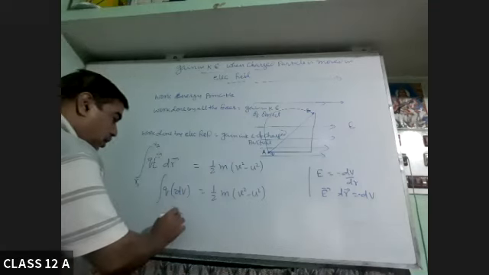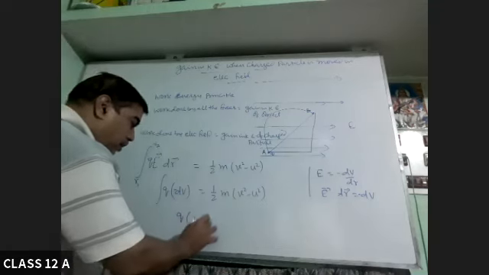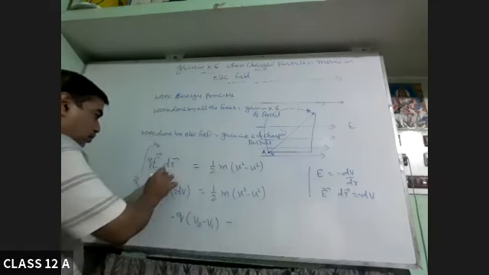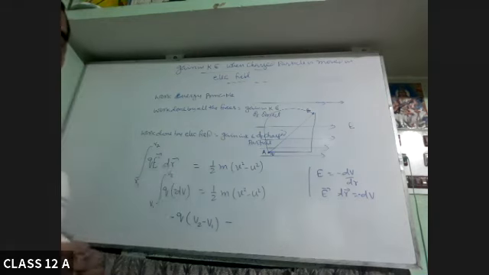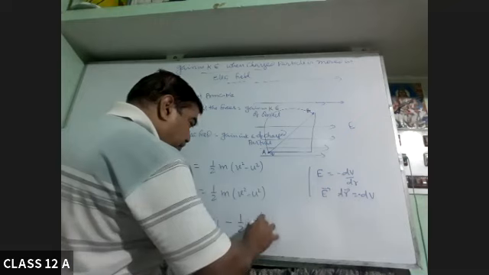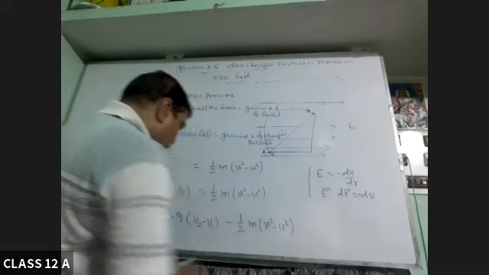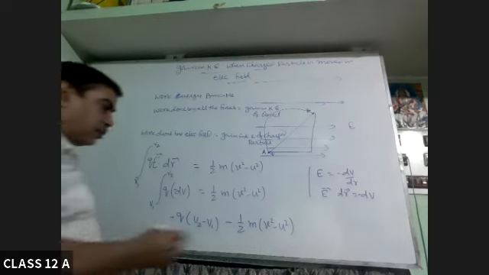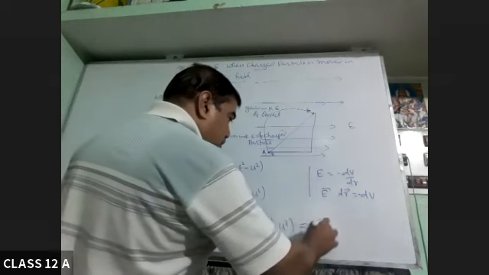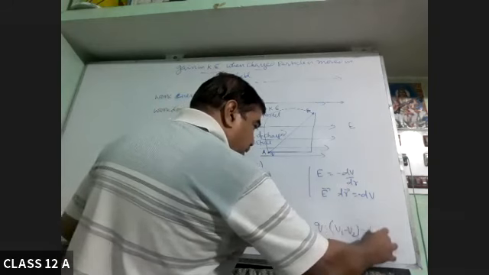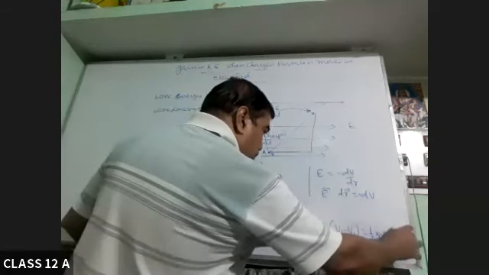So this is minus Q (V2 minus V1), as we integrate from V1 to V2, so integration of dV will be V only. This is half m (v square minus u square). That means Q (V1 minus V2) is half m (v square minus u square).